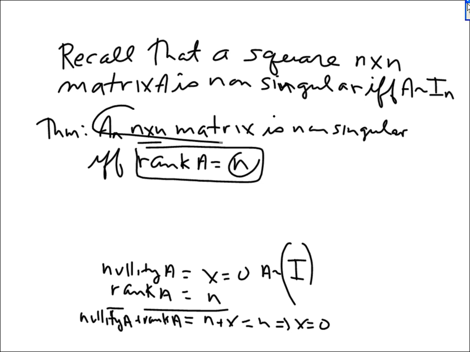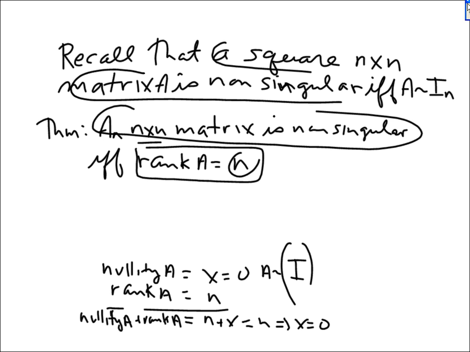An n by n matrix is non-singular if and only if A is row equivalent to I. But that's exactly what this means.